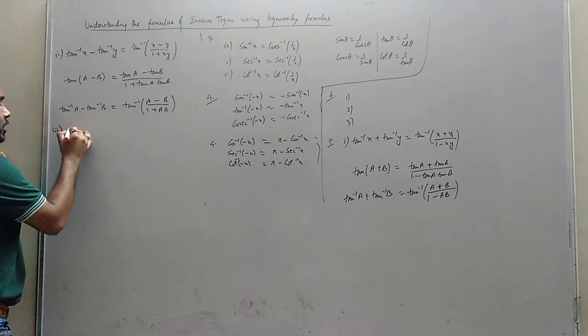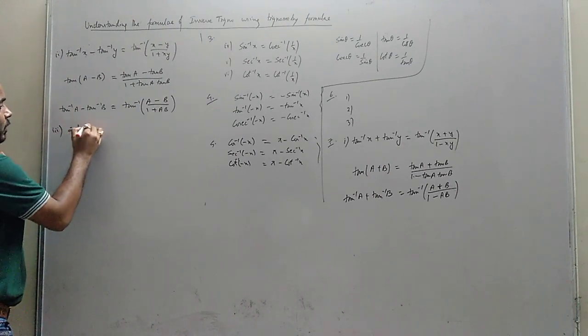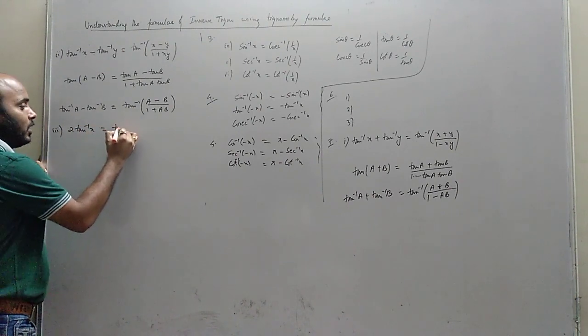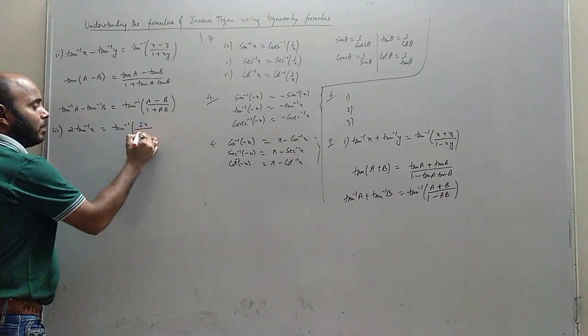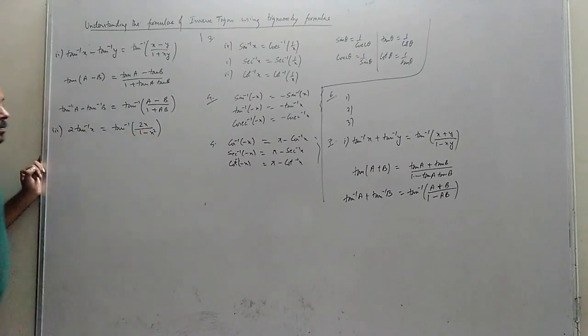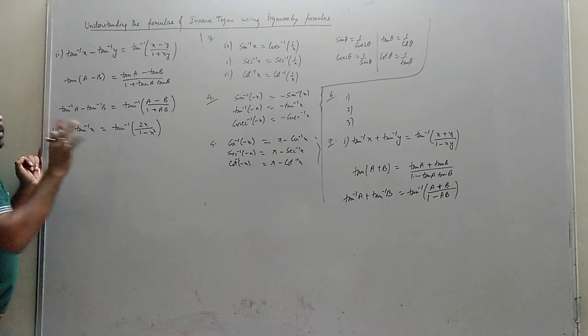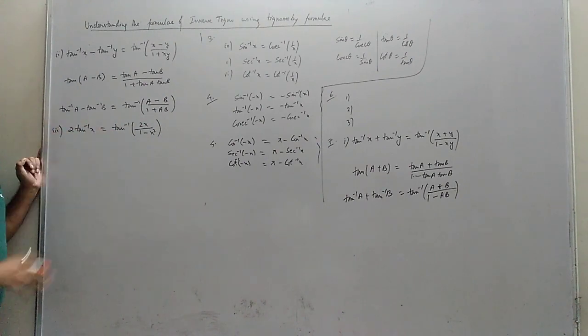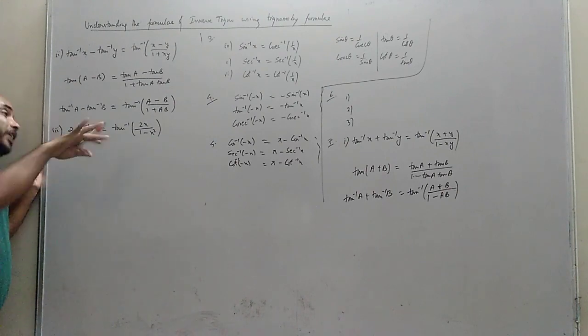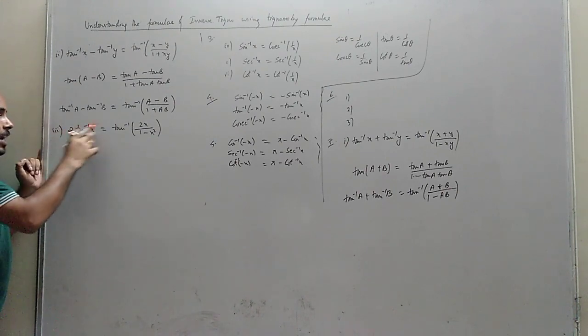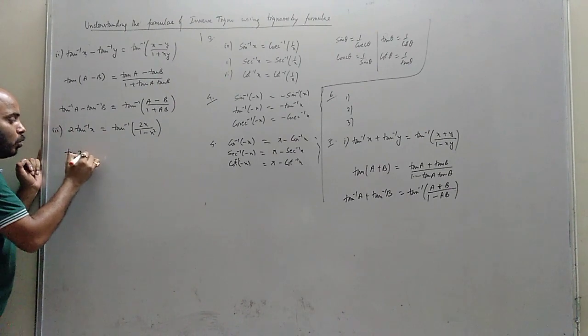In the book it's written that 2 tan inverse x equals tan inverse of 2x by 1 minus x square. Now see, I don't remember this formula. Seriously, I don't remember. But I remember how to get this formula. So for 2 tan inverse x, I will go for tan 2a.